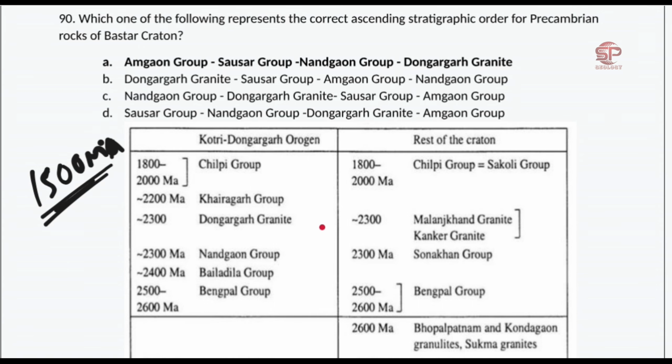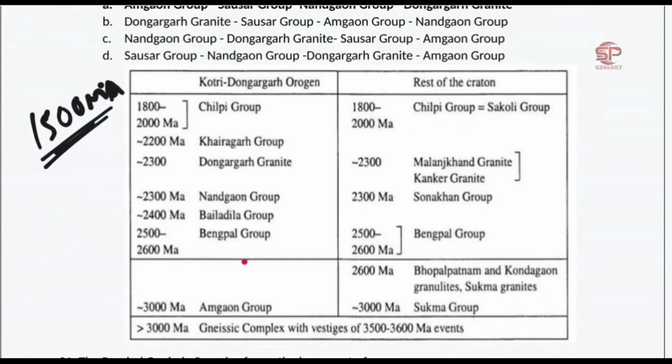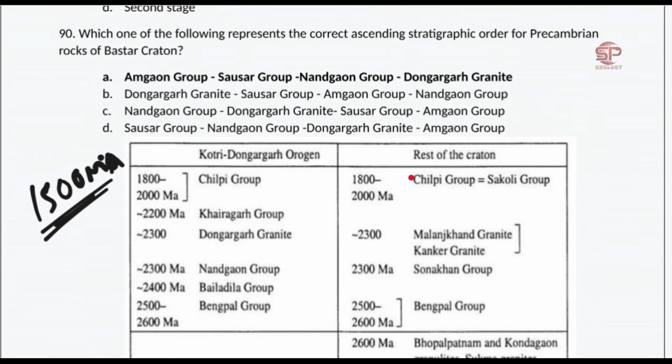Amgaon is 3000 million years, so it will be the oldest one. So option D contains the youngest first and the oldest last. So it might be option D. It will not be A, it might be B, but we have to wait for the answer.